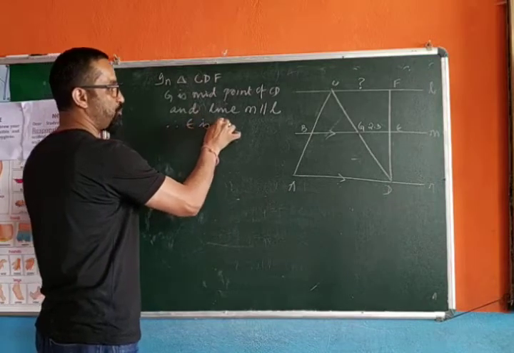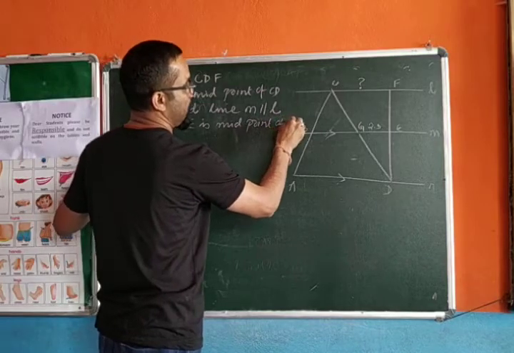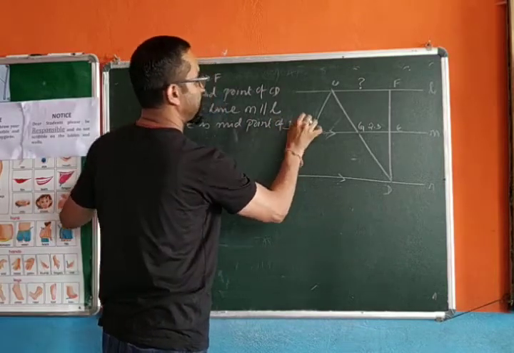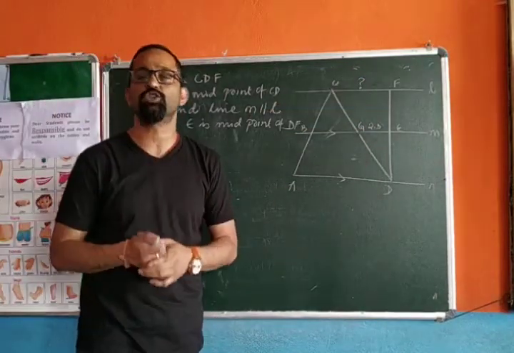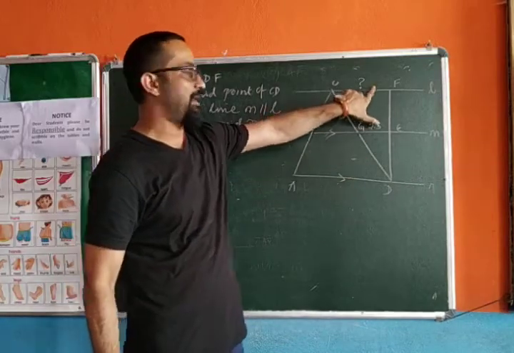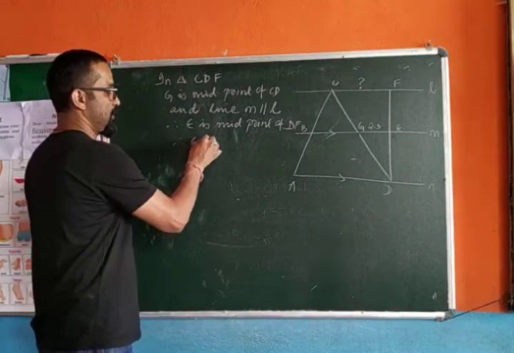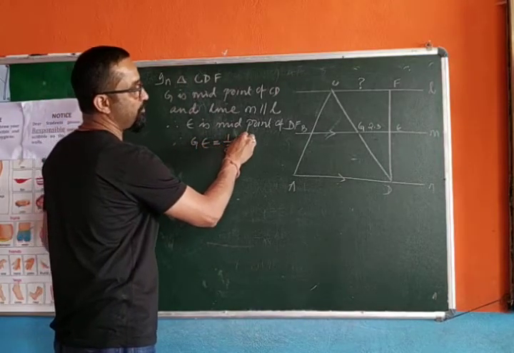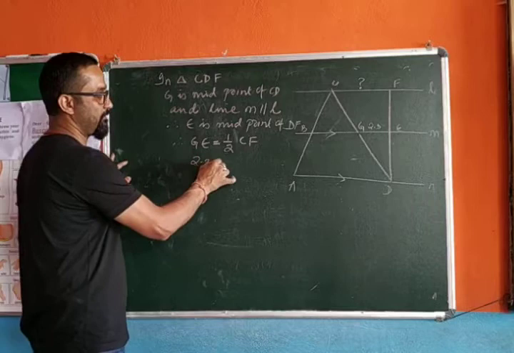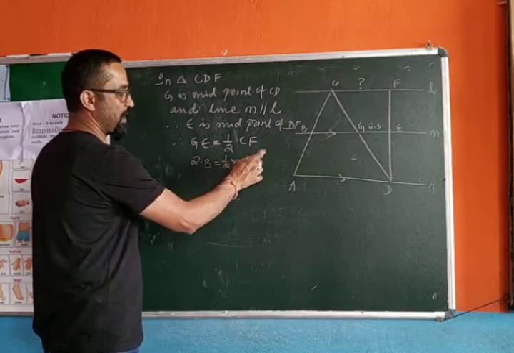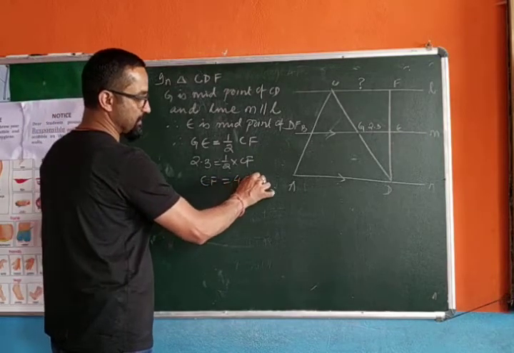Therefore, E is midpoint of DF. Using converse of midpoint theorem, parallel means E is also midpoint. Therefore, GE is equal to half of CF. Length of GE is given 2.3, half CF, you have to calculate, cross multiply. CF is equal to 4.6 centimeter.